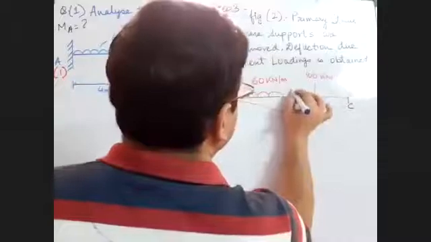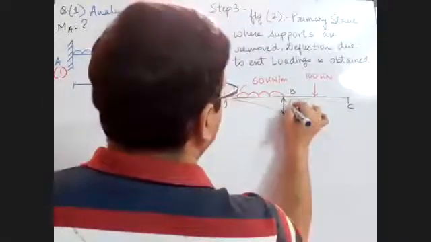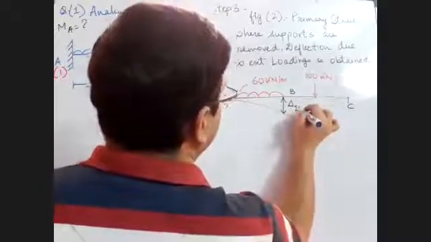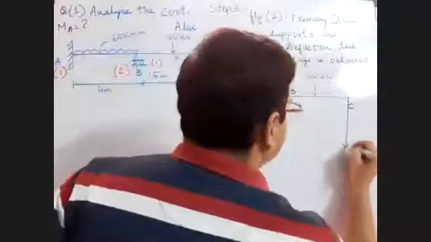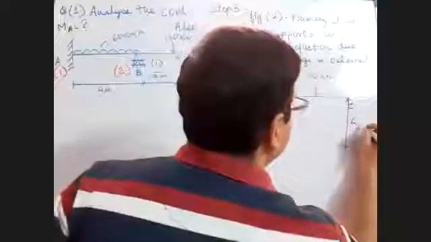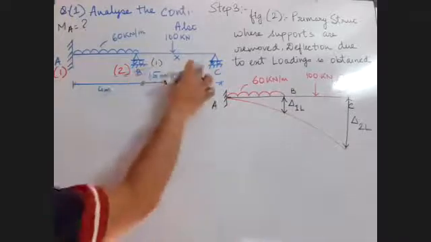So under external loading, the deflection due to external loading at point B, I am taking as delta 1L, and at C, I am taking delta 2. So at two different positions I have my supports.